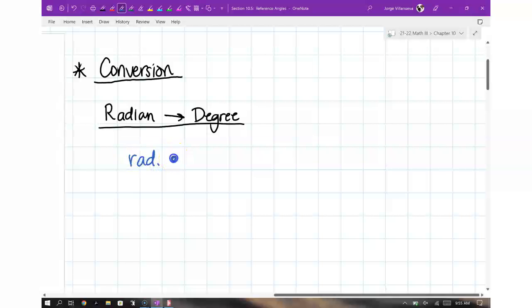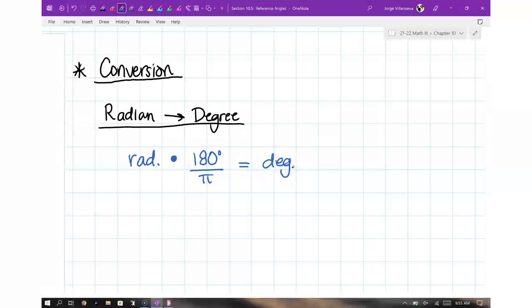You're going to multiply it times 180 degrees over pi. And that's going to give you your degree value. This is the only little formula you need, so that you can figure out what is the degree that they're giving you. If you know the degree, it's usually easier to figure out references.